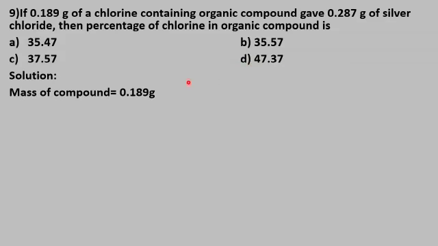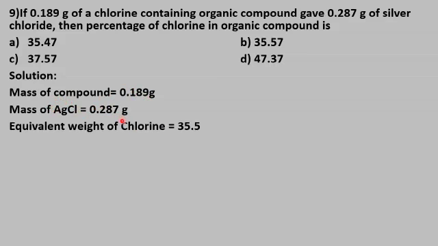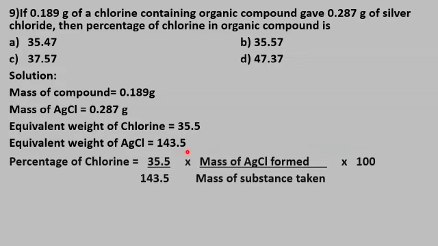Solution. So mass of the compound is given, that is 0.189 gram. So mass of AgCl is equal to given 0.287 gram. Equivalent weight of chlorine, we know that it is 35.5. Then equivalent weight of AgCl is equal to 143.5.